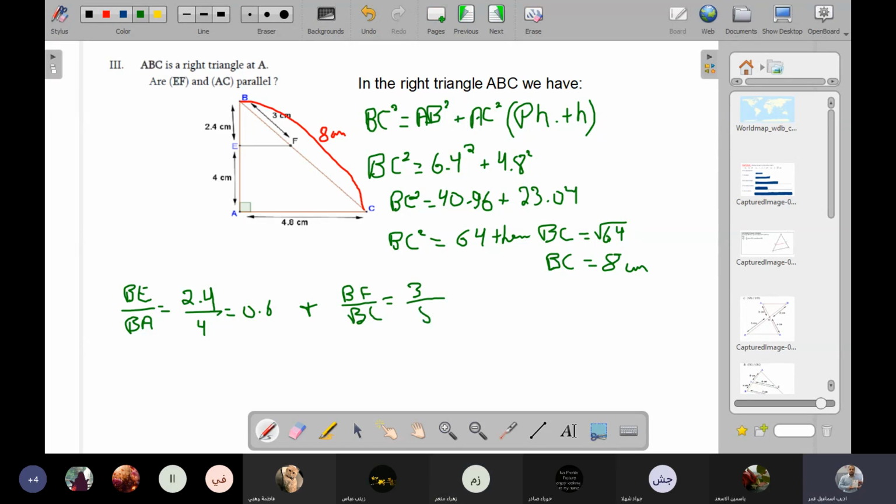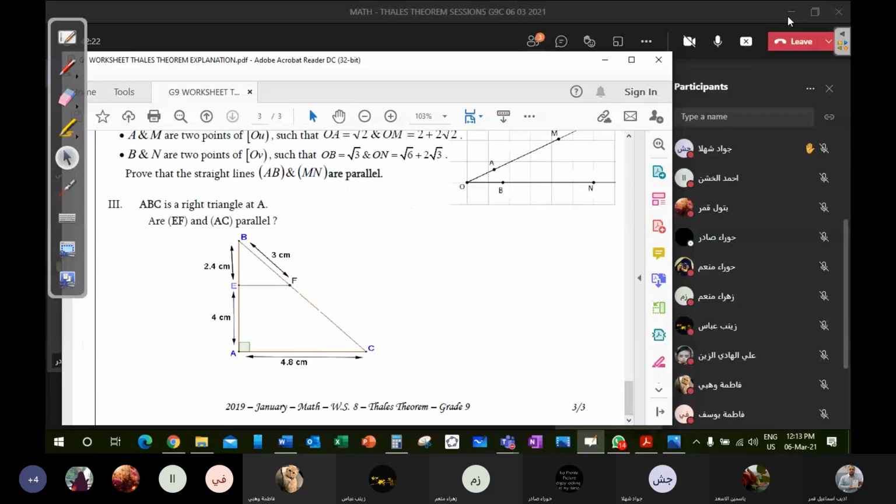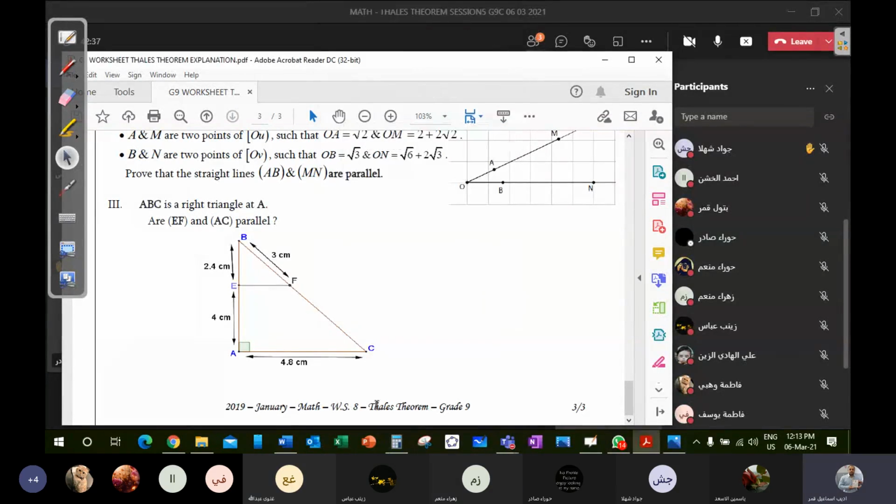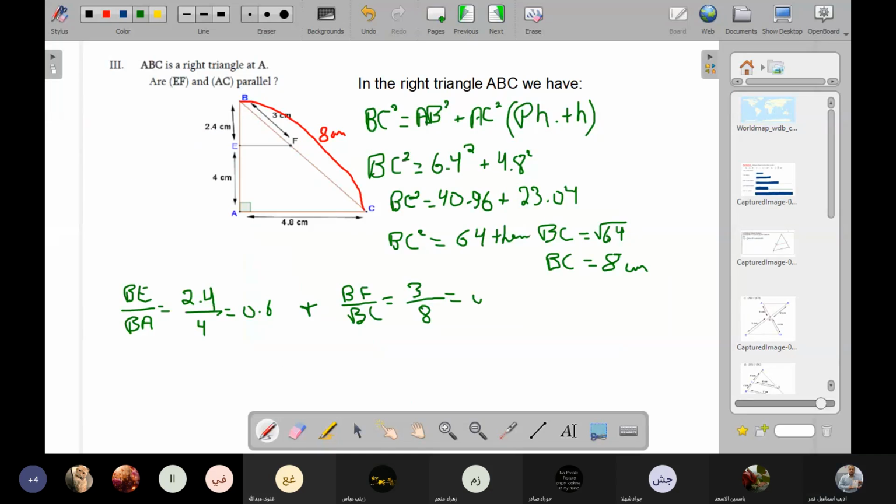BC is equal to 8. And what's the value? 0.375. So 3 over 8 equals 0.375. Are these ratios equal?